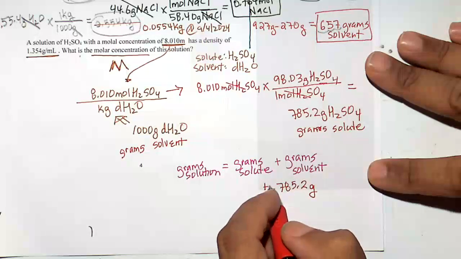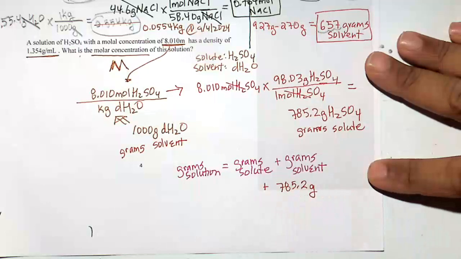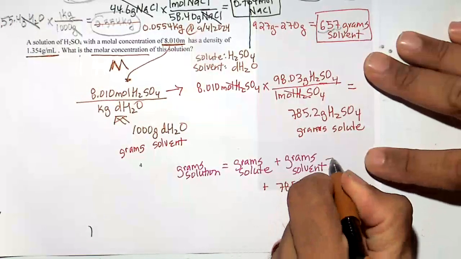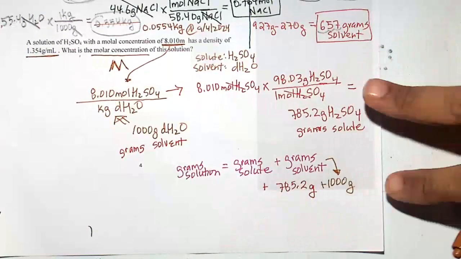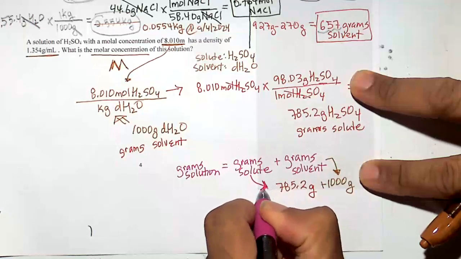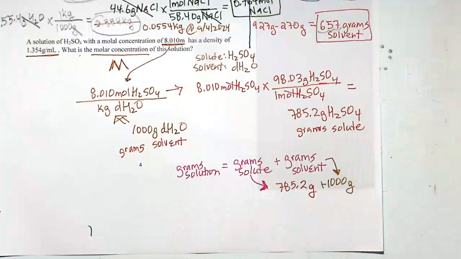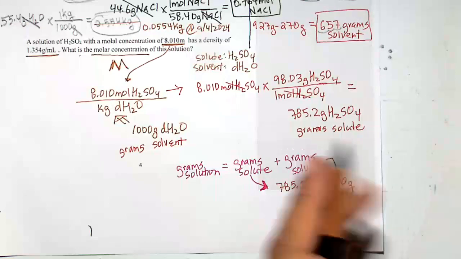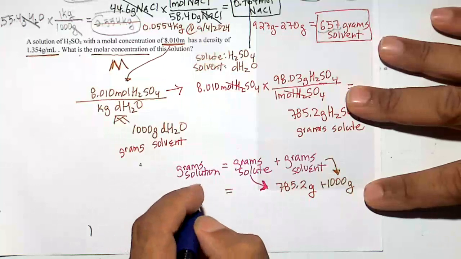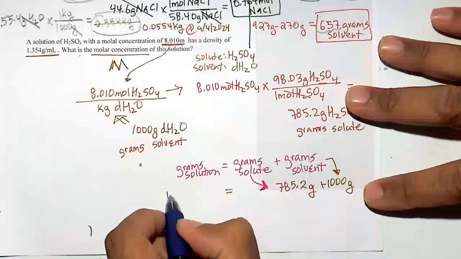Our grams of solvent is 1,000. So what do you guys get when you add those up? 1785.2.